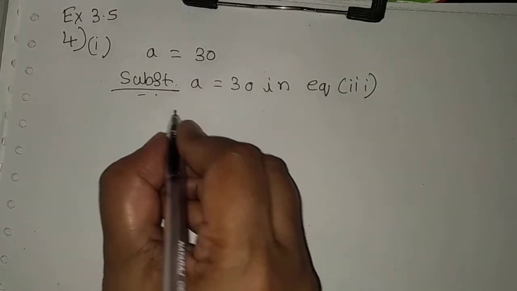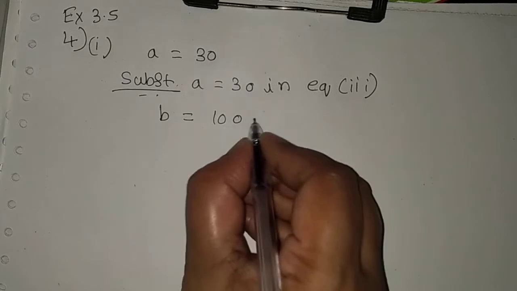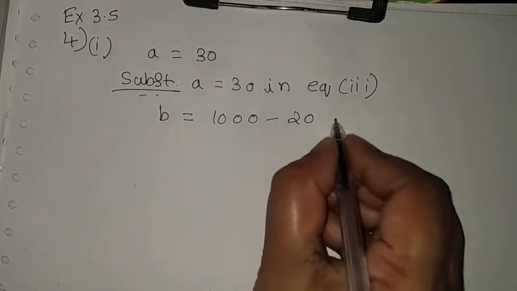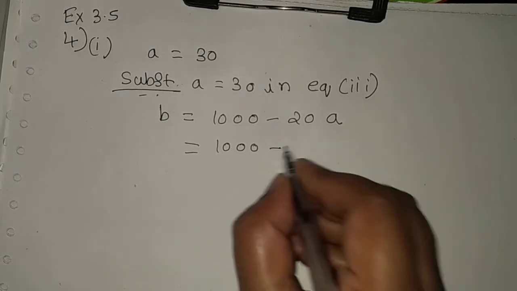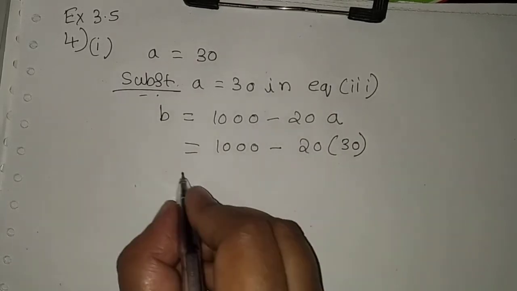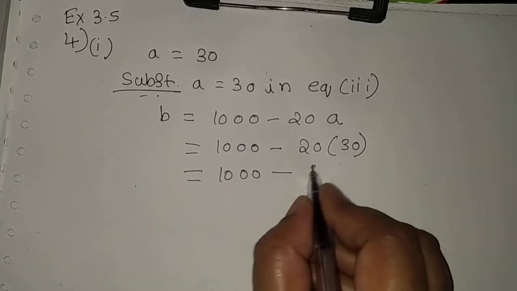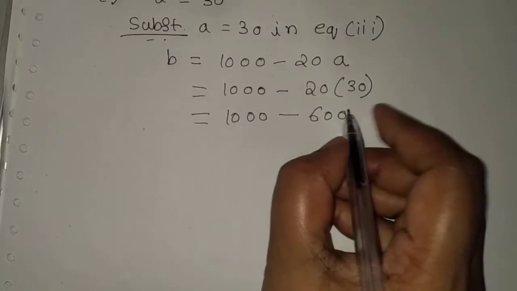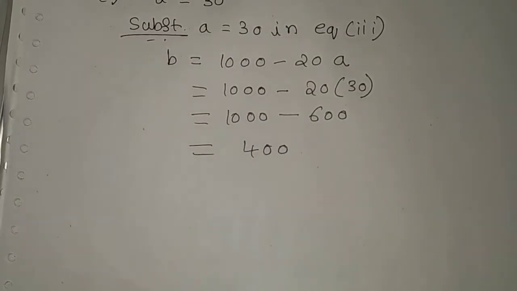So what is equation 3? That is b is equal to 1000 minus 20a. So 1000 minus 20 into 30 will become 1000 minus 600, which is equal to 400.